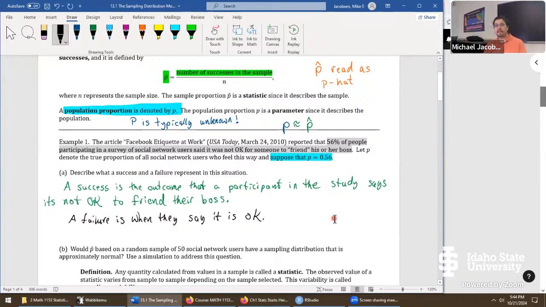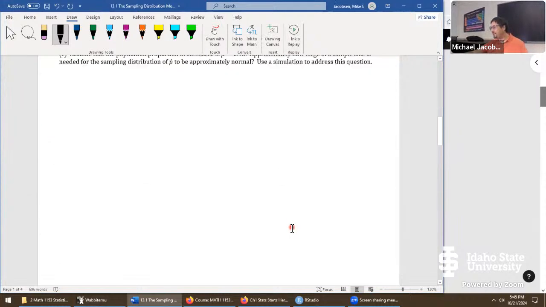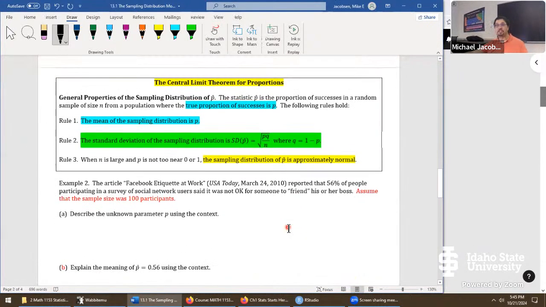It's not easy to describe, but the normal model comes back into the picture. And this is what's going on in part B. Part B is not so much a real question I could ask as a quiz problem or exam problem. Think of this as a kind of demonstration or experiment that's trying to show us why this is true, the central limit theorem. This is the only statement in the statistics class I put in a box and a highlight like this, just to kind of emphasize its importance.